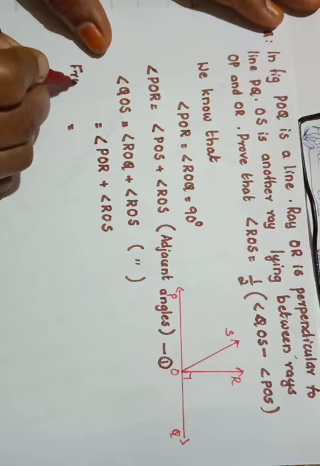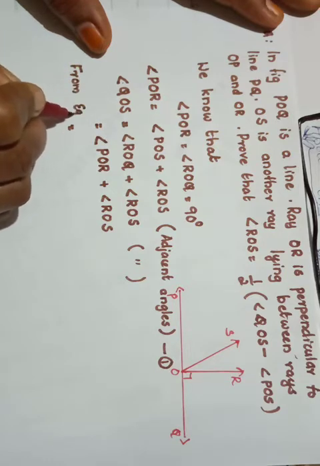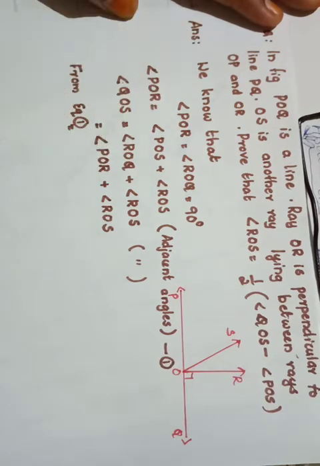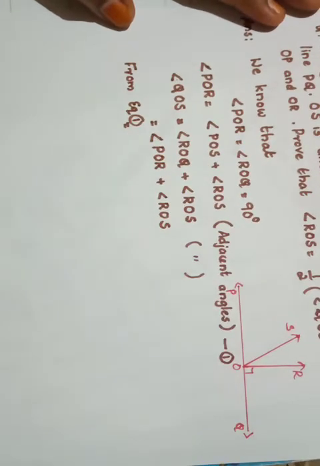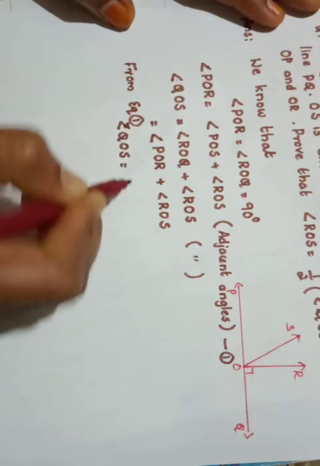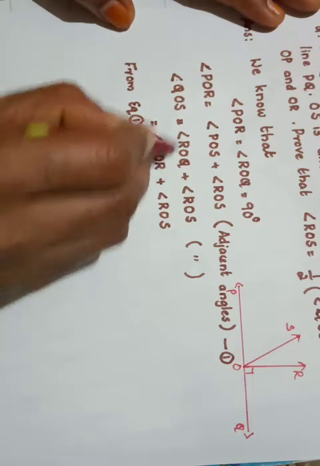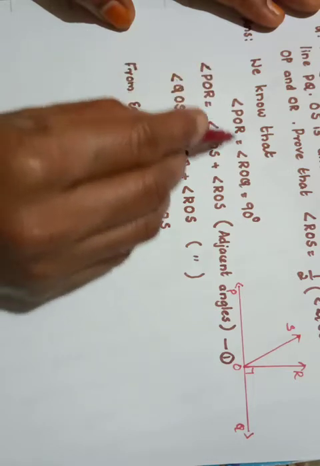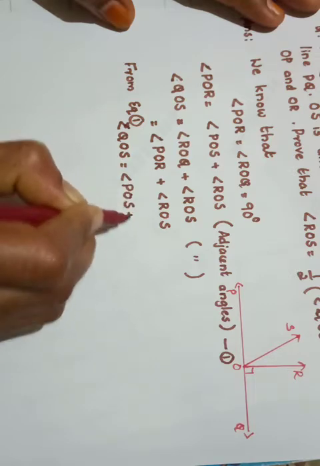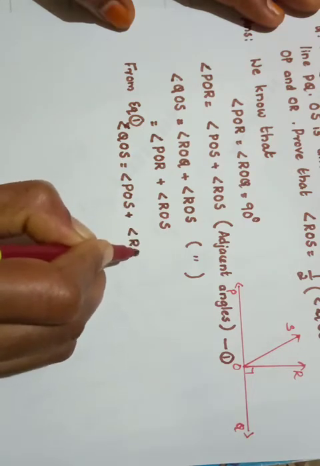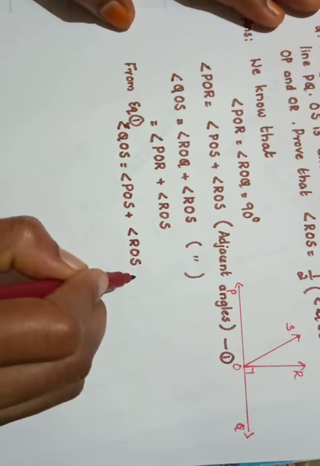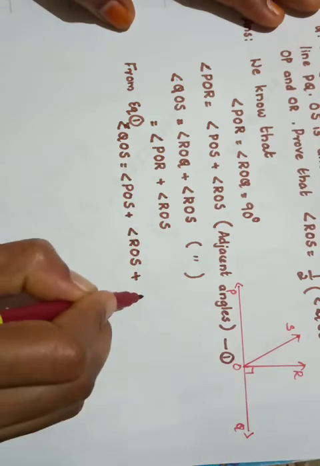From equation 1, what do you get? Angle QOS equals angle POR. Angle POR is equal to angle POS plus angle ROS. So angle QOS equals angle POS plus angle ROS plus once again angle ROS.